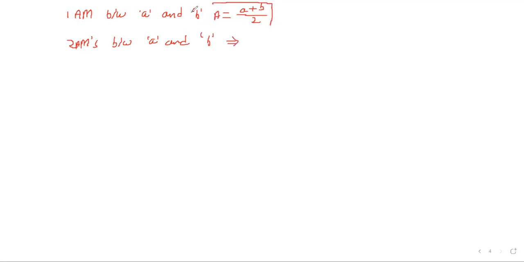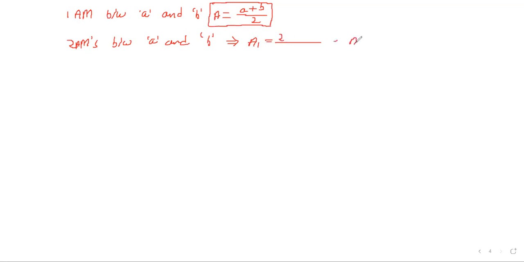So it is very clear from our discussion that the single AM between A and B is equal to (A plus B) upon 2. 2 AMs we have obtained between A and B. First AM A1 equals to, it starts with 2.